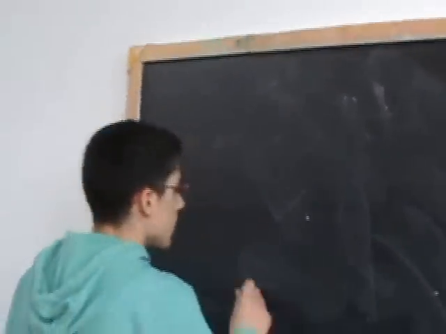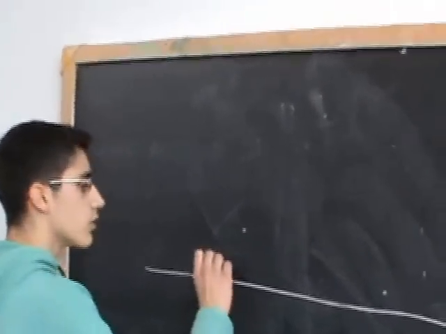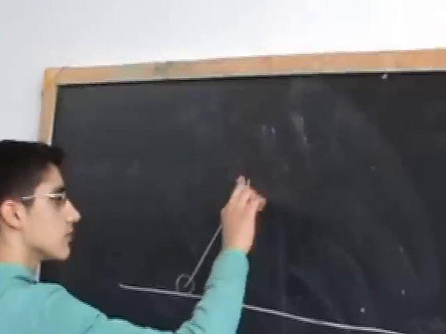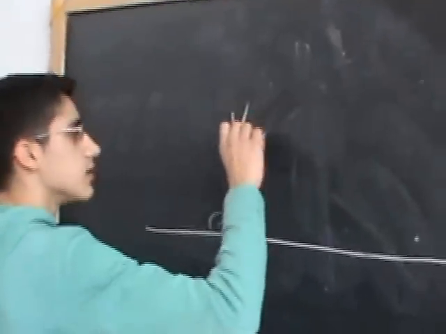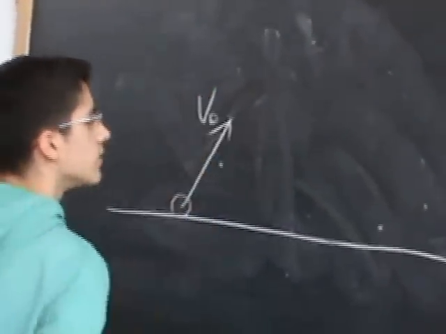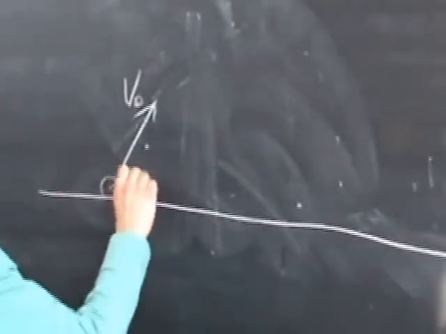In a general situation, we can consider the ground and a projectile that is thrown into the air with this initial velocity v sub 0 and this angle theta.